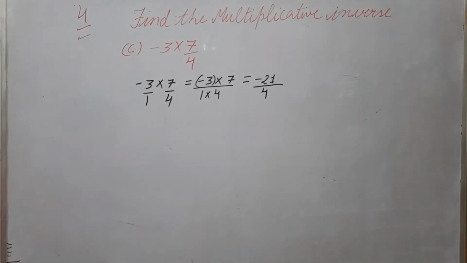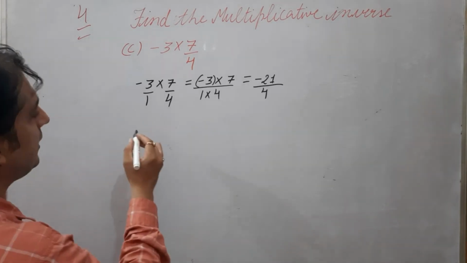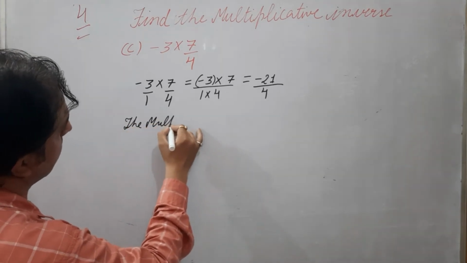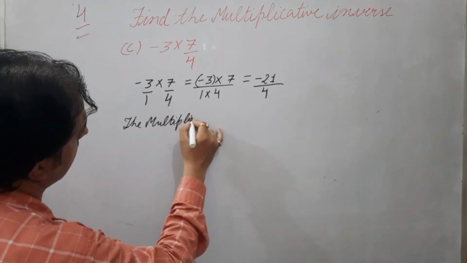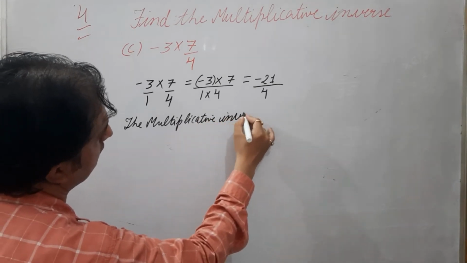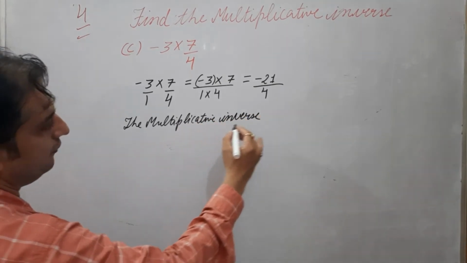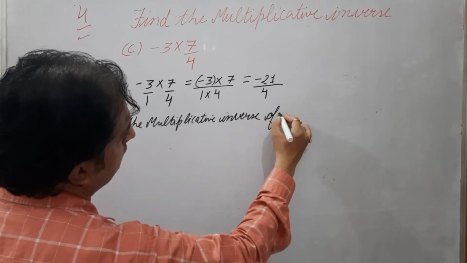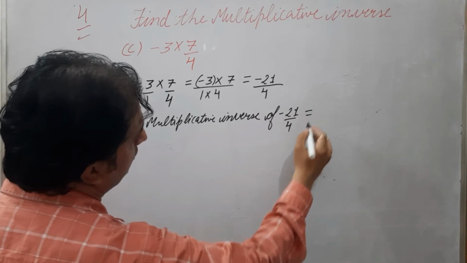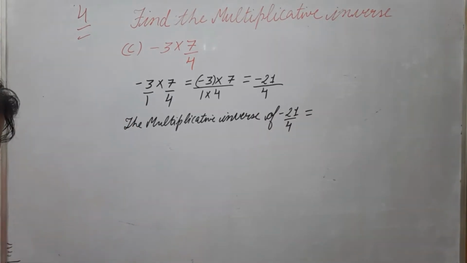Firstly obtain the product. Now take the multiplicative inverse. So the multiplicative inverse of minus 21 upon 4, that is equal to, what's the multiplicative inverse of this number?